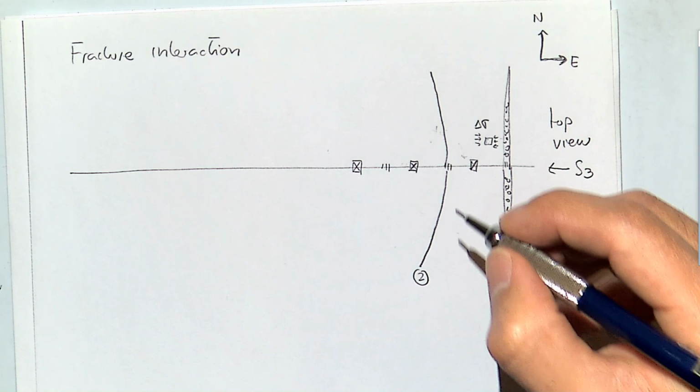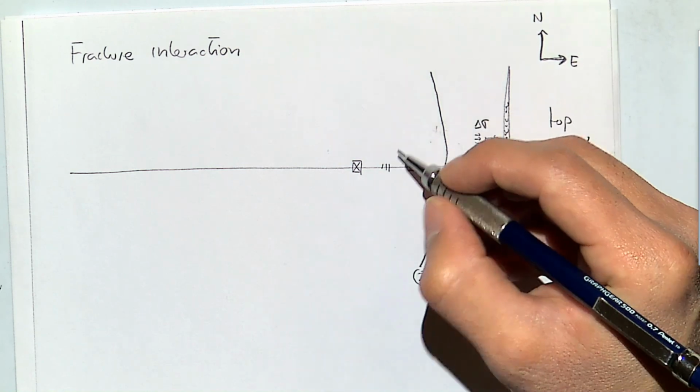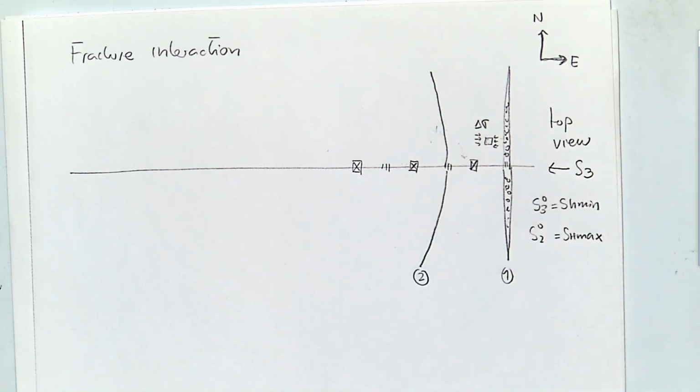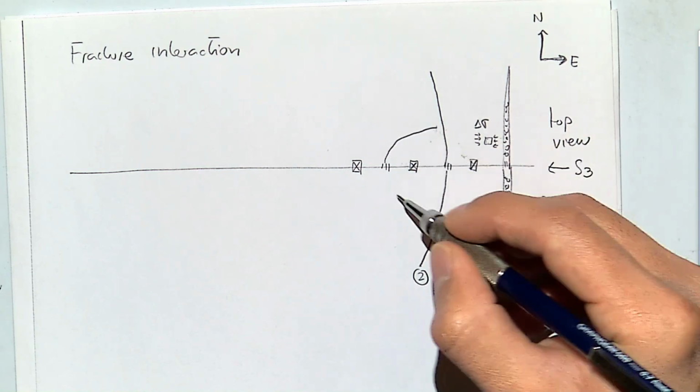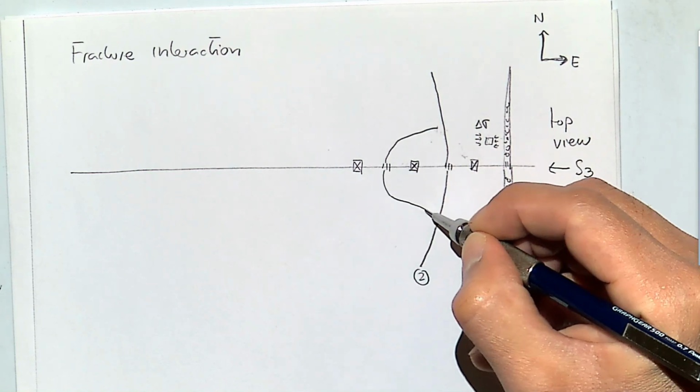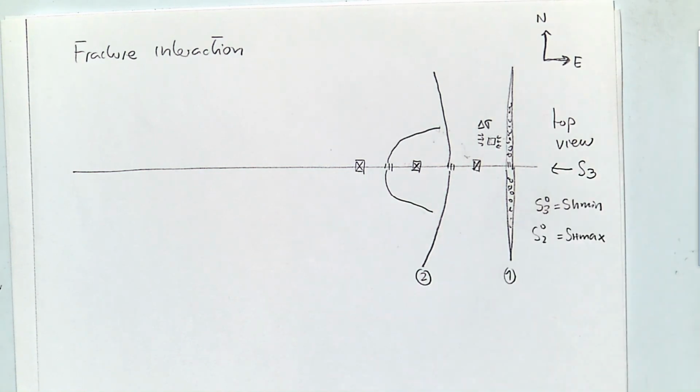So this may cause even other types of fracture interaction, and you could even have fractures turn the other direction and hit the previous fracture, which is not going to be good because it's not achieving the objective that you were planning, which is to extend the fracture as far as possible.